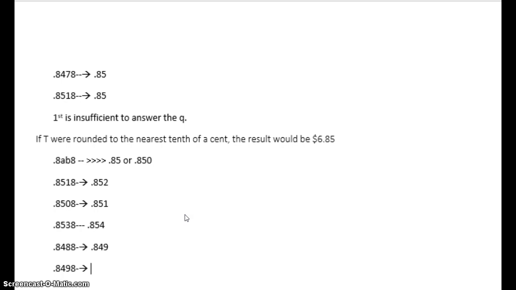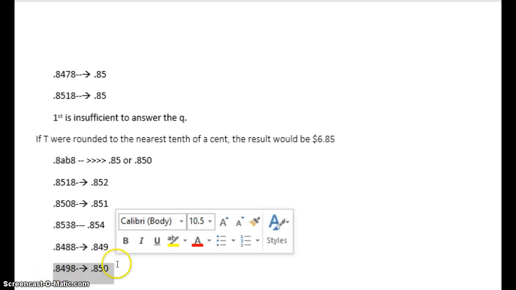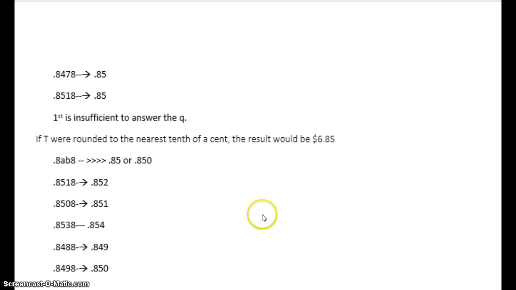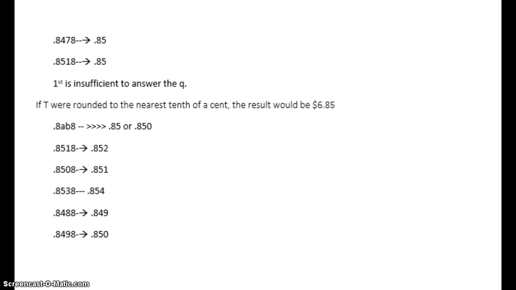This would be rounded off to 0.85 because 98 would become 100, which would add on 1 to 0.84, which would make it 0.85 or 0.850. This is the only possible solution for A and B. Only when A and B are 4 and 9 can you round off 0.8AB8 to 0.85.